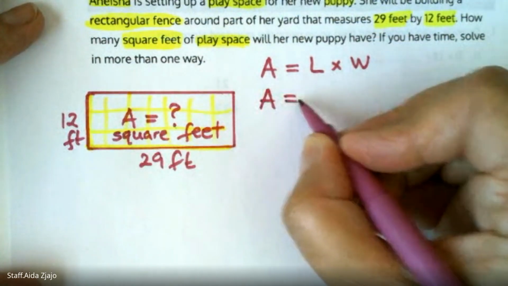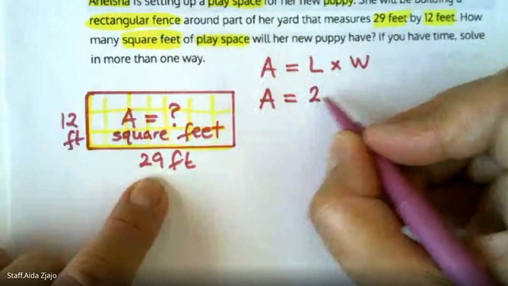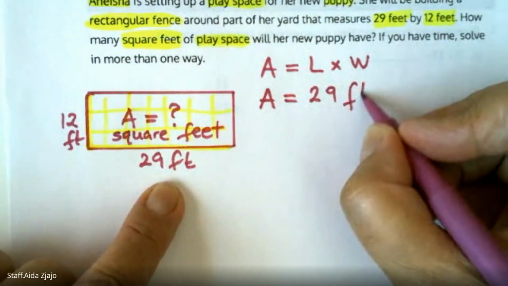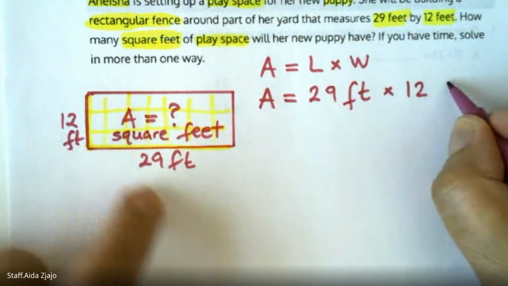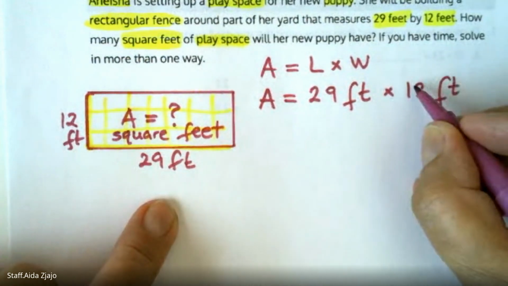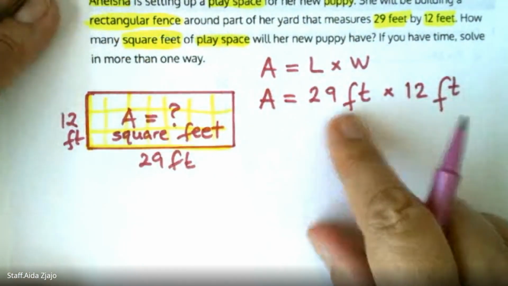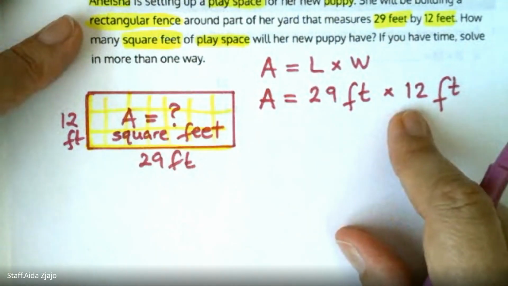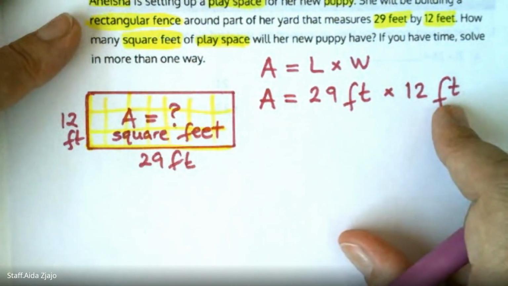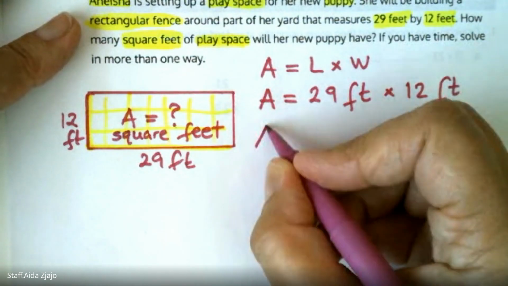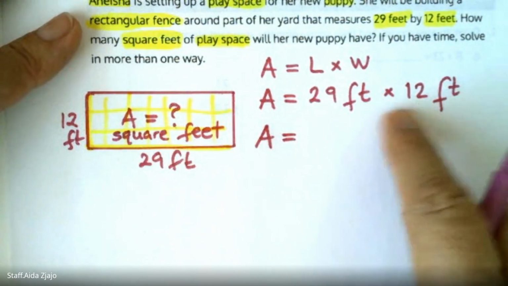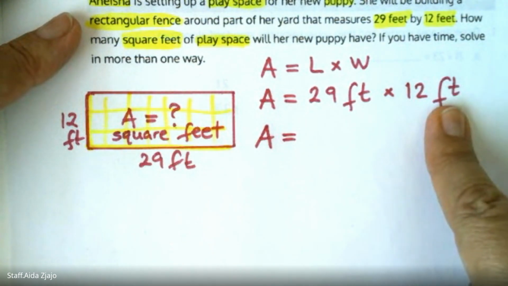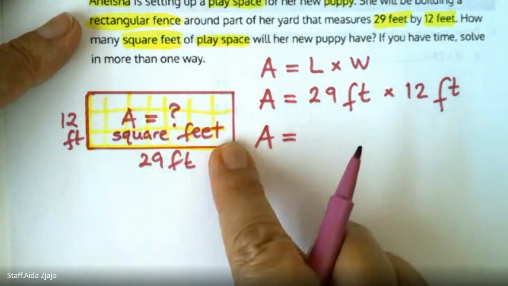Area equals long side, 29 feet, and short side, 12 feet, or width. So length is 29 feet, width is 12 feet. Now we need to find the area. We need to do 29 times 12, and feet times feet is square feet.